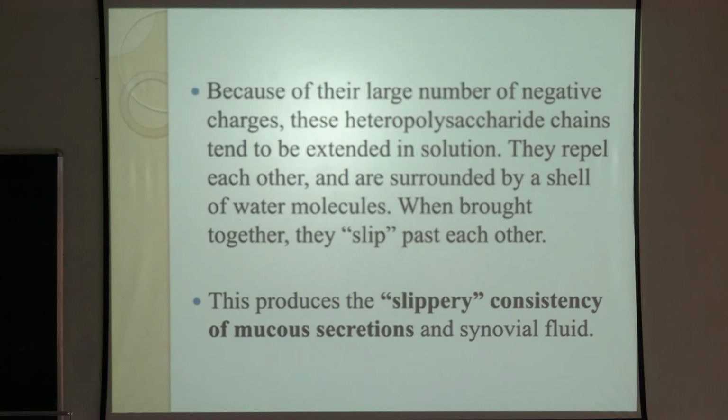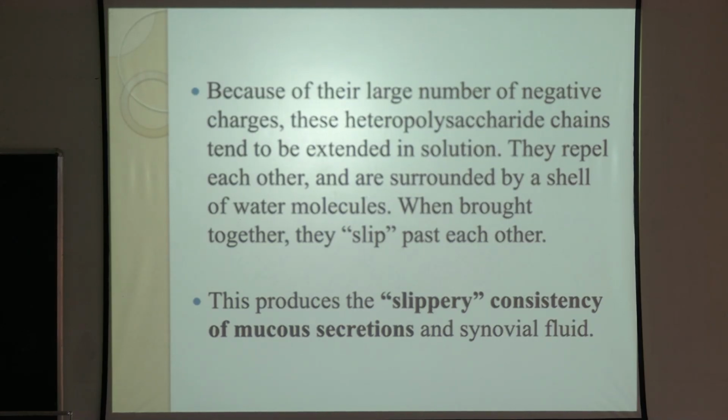And these mucopolysaccharides contain acid sugar, and they contain amino sugars, and they contain multiple OH groups. Because of the multiple OH groups, and a few sulfur groups also, they contain sulfated amino sugars.